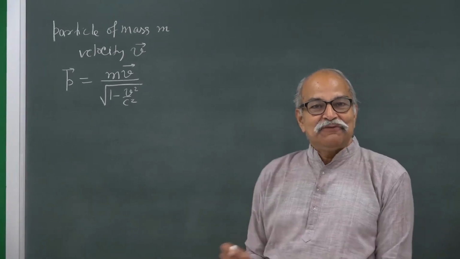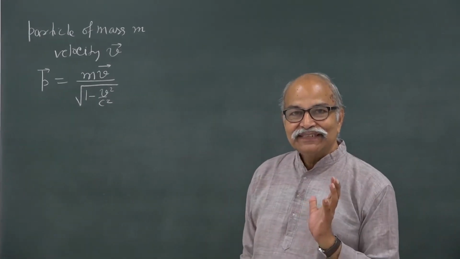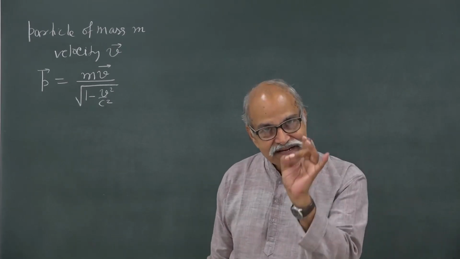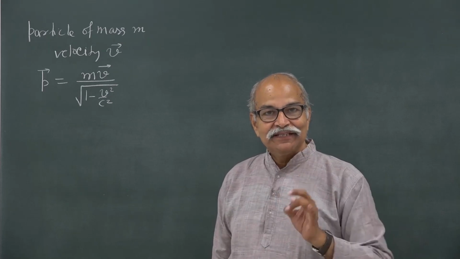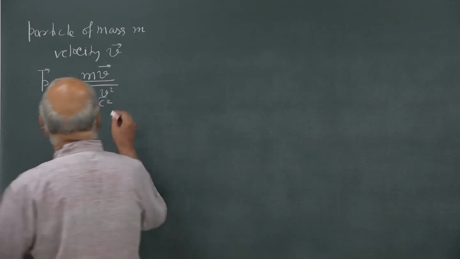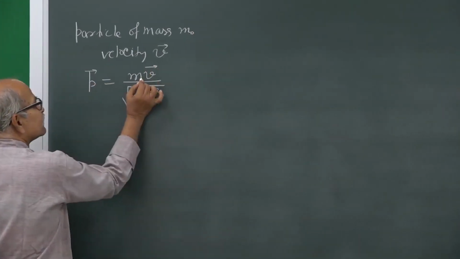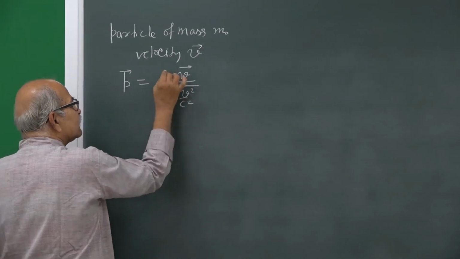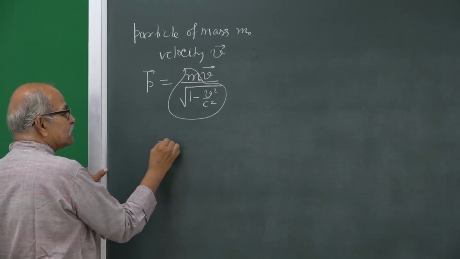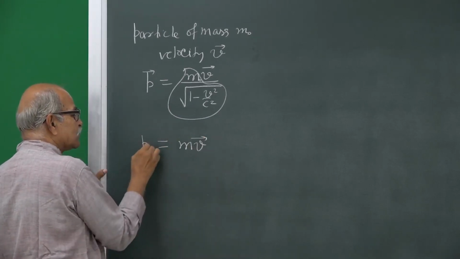But if you want to stick to p equal to mv, one way is that for the mass of the particle, you give another symbol, and then construct a mathematical quantity which is this. So, let us write the mass of the particle as m naught, and then this whole quantity, we name it m, and then we say that p equal to mv.